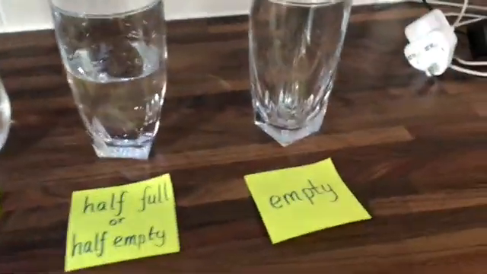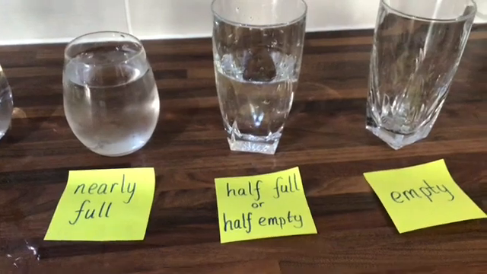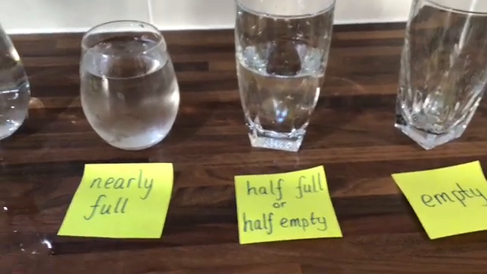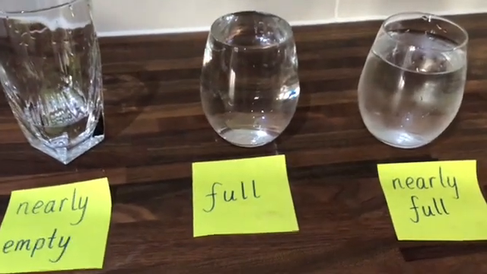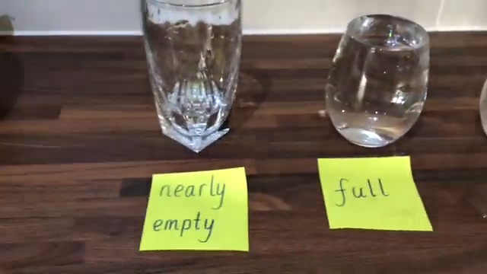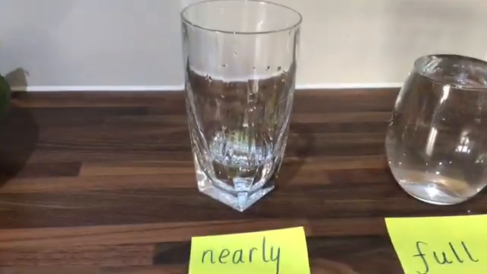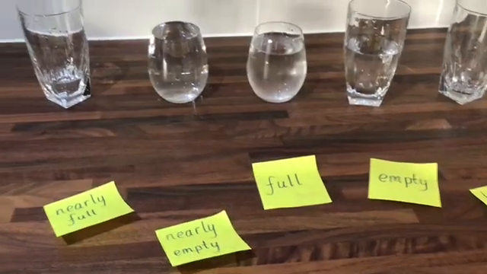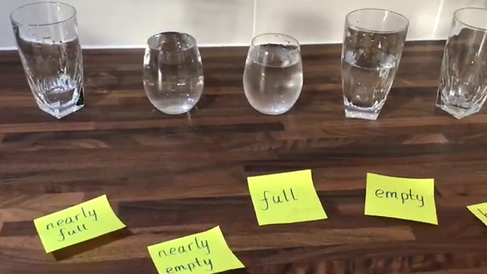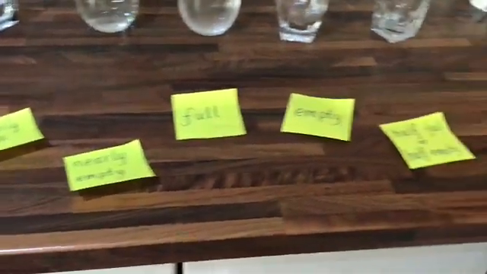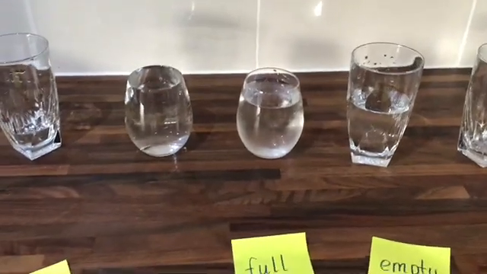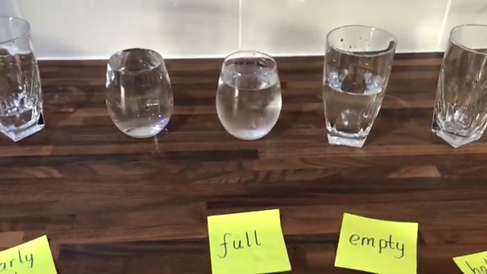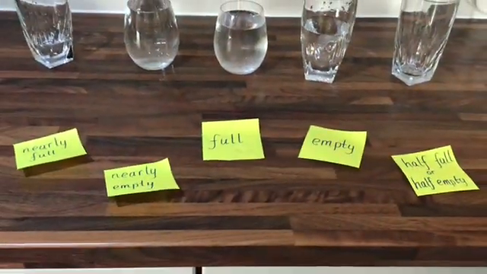So we've got an empty glass, a glass that is half full or half empty, a glass that is nearly full, a glass that's completely full, and a glass that's nearly empty. It's just got a little bit left. Can you do this activity, boys and girls? Find some containers, make your own labels, and match the correct label to the correct container. Now be careful, we don't want water spilling everywhere.